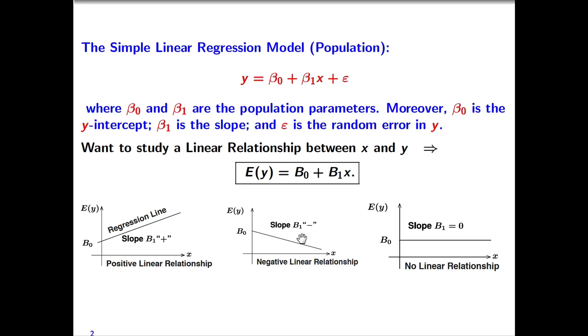Case number 2, beta 1 is negative, and we have a negative linear relationship between x and y, and the regression line is falling or decreasing. Case number 3, beta 1 is 0. There is no linear relationship between x and y.